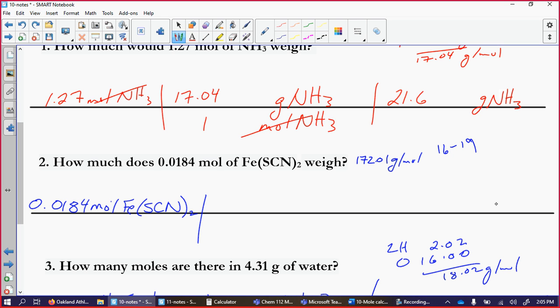I'm given moles. I want to find grams. So I want to put moles on the bottom because I have moles. And I want grams.